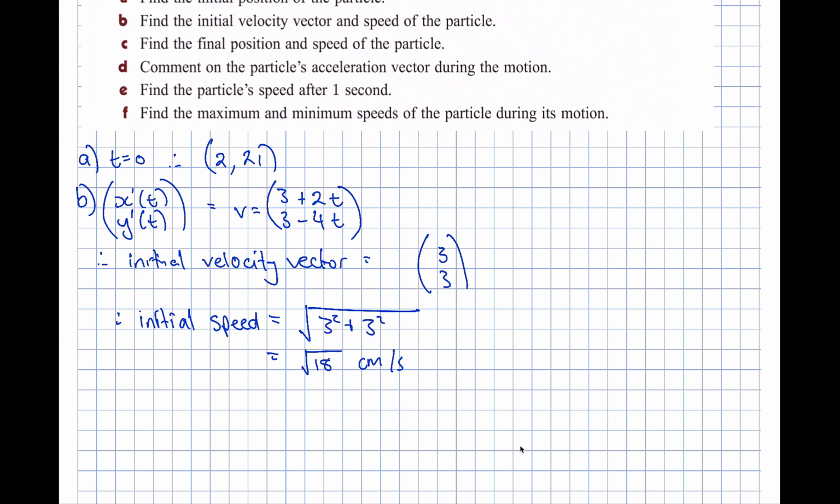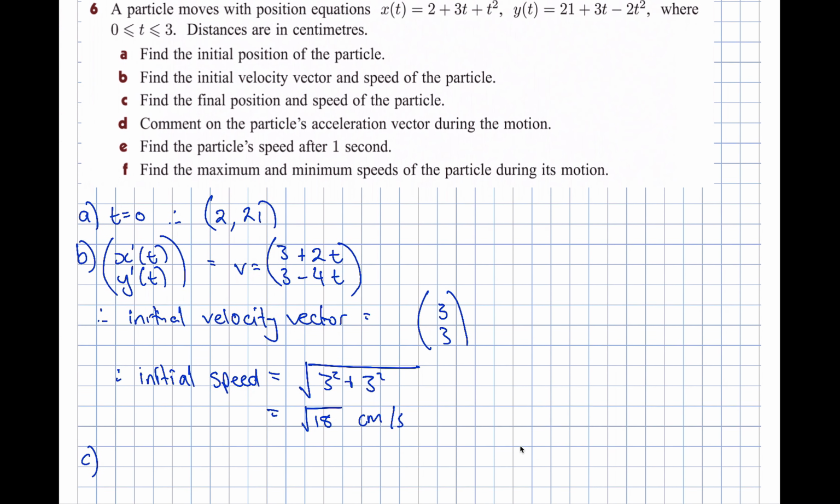So that was pretty straightforward. Part C, find the final position and speed of the particle. Because we know that t only goes between 0 and 3, then at 3 seconds must be the final time.